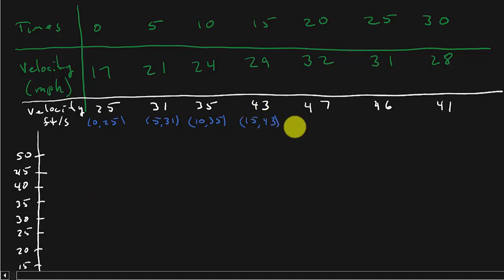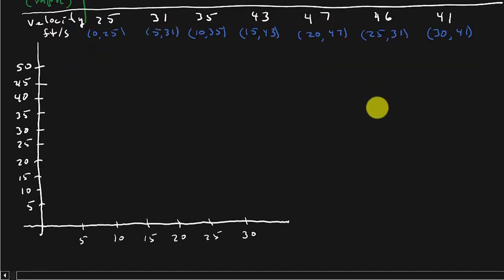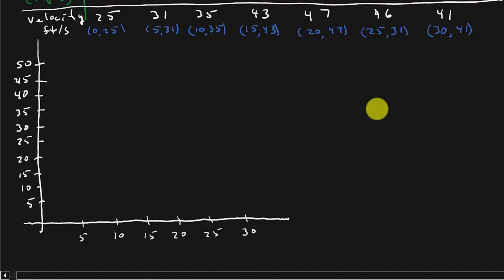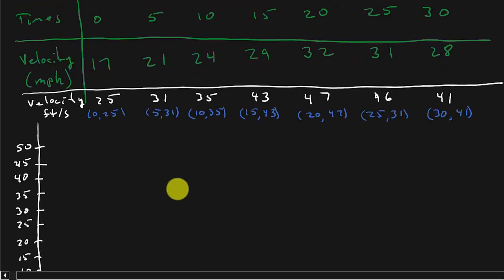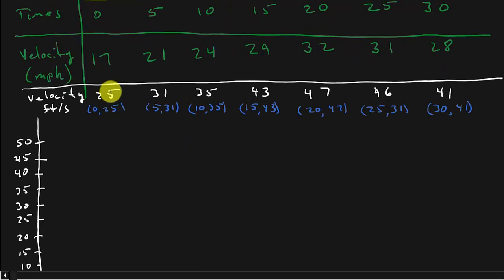These are the points I'm going to plot. 20, 47, 25, 46, and 30, 41. So all I'm doing is plotting these points here, and that's where I get them. I'm not using this line anymore, okay? Because that's my velocity, but I'm using these velocities in feet per second instead of miles per hour.